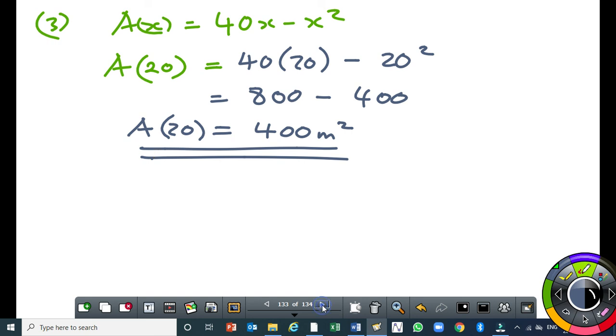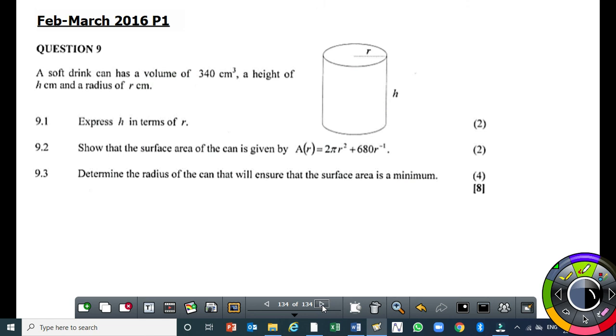Right, the next question involves some measurement, but I chose a very easy question because this is a cylinder. It's not that complicated, but we have got other prisms as well. Right? So, this is a typical examination question. So, question 9 says, you have got a can, right?